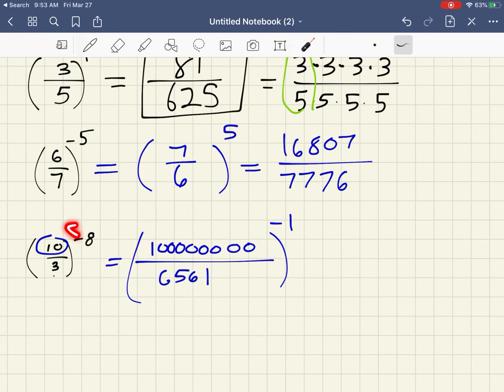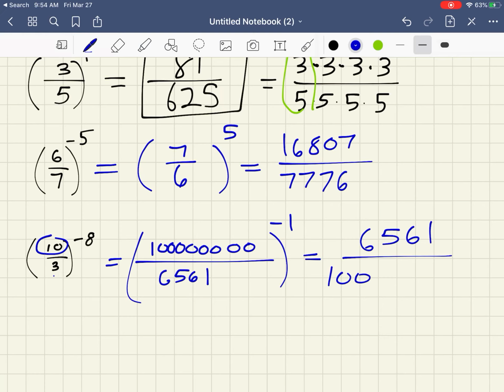Now again, I have a little bit more work to do because by raising to the 8th, I get rid of the 8 part, I keep the negative part, which then means I have to take the reciprocal: 6,561 over 100 million, I think. 1, 2, 3, 4, 5, 6, 7, 8.